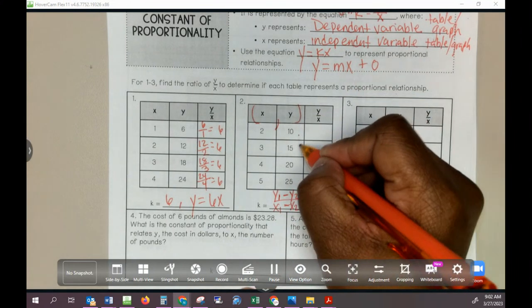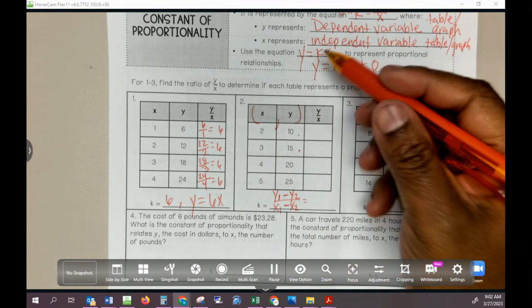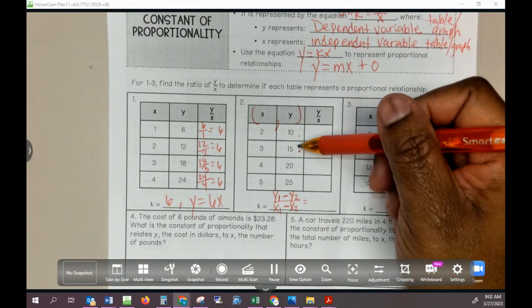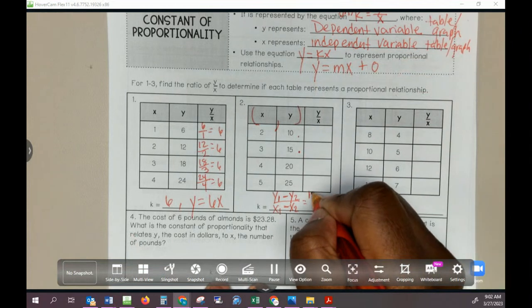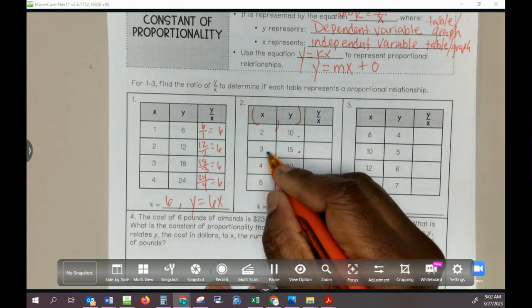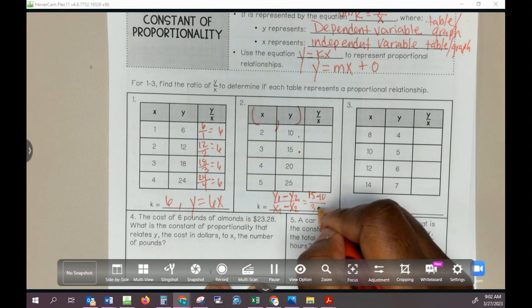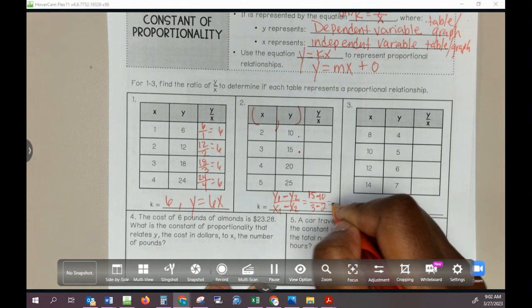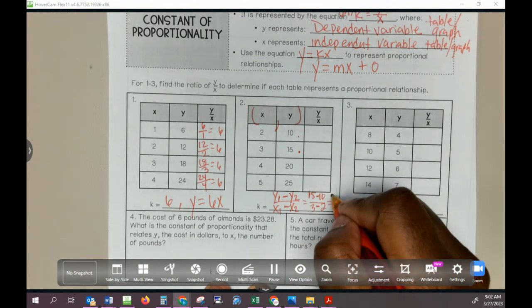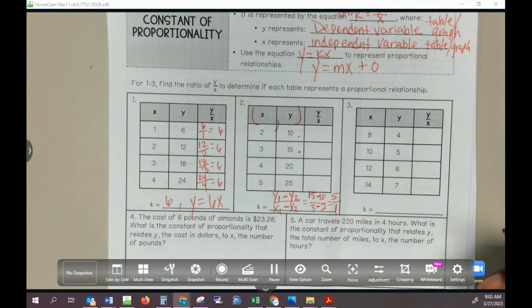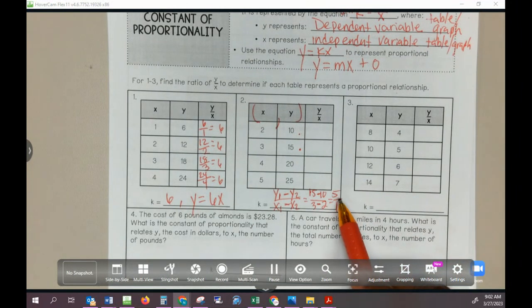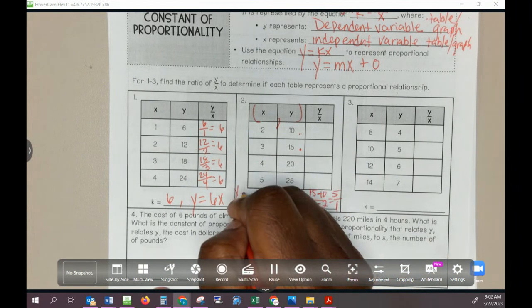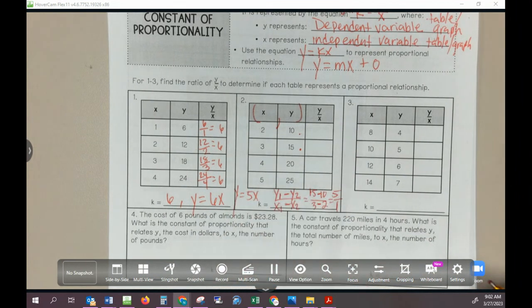You can start from the bigger number. So if I said 15 minus 10 over 3 minus 2, I'll get 5. So if my k is 5, that means my equation is y equals 5x.